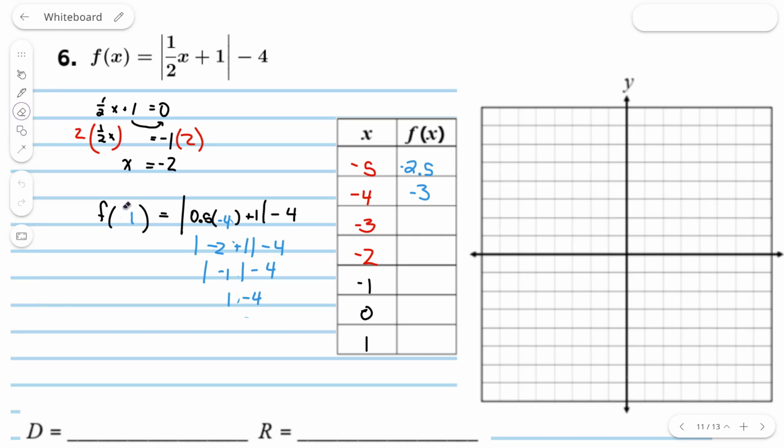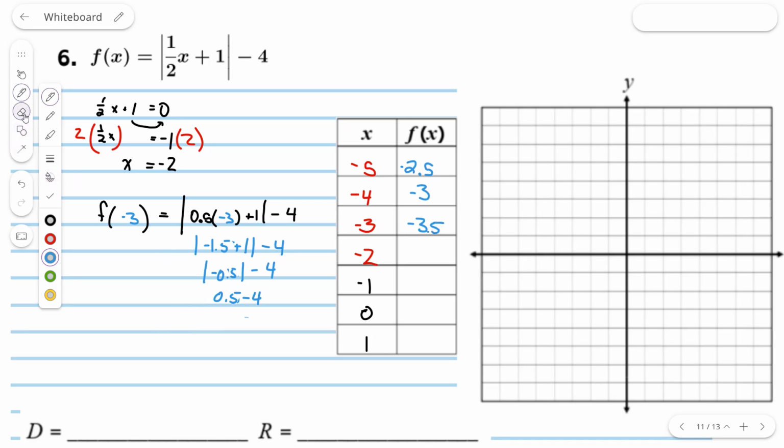Go into my next one. We have a negative 3 that we're going to take half of, which is going to give us a negative 1.5, which gives us a negative 0.5. And so that's going to give us a negative 3.5.